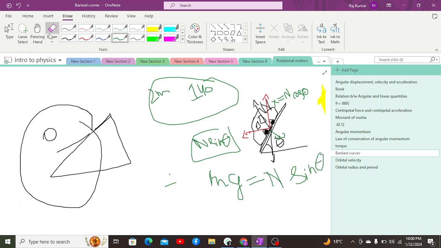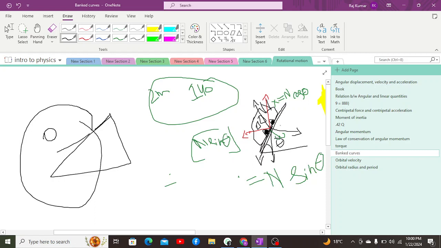Now here, what we actually need to do is to take the vertical and horizontal components of the weight as well, which means the weight of the car. The components of the weight of the car will be mg cos theta and mg sin theta.